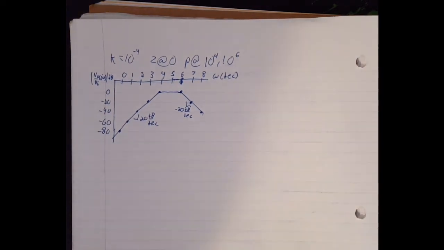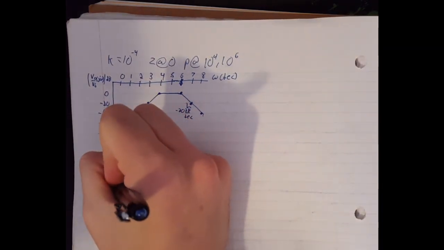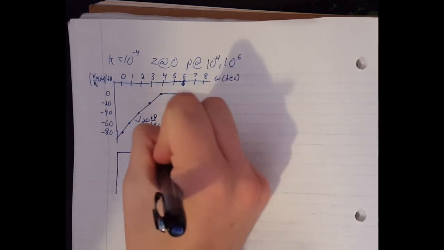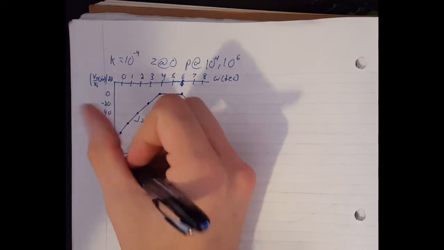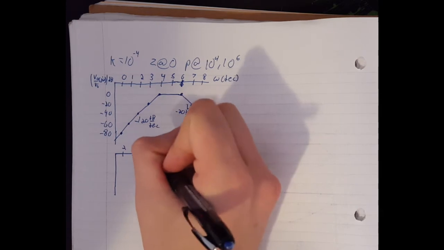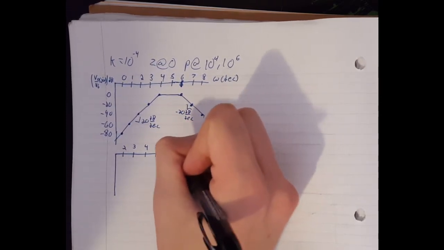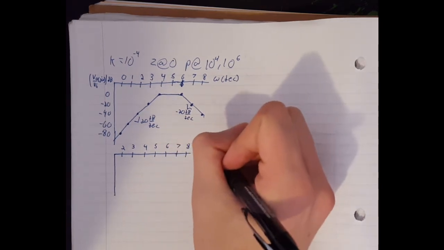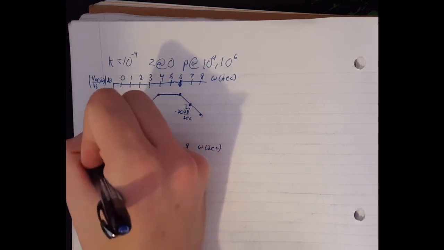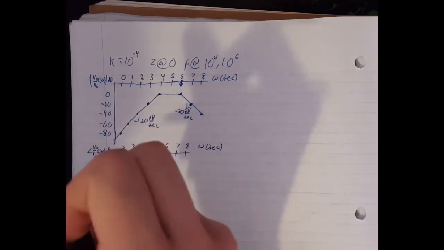And now we got to do the frequency for this. So start at 2, 3, 4, 5, 6, 7, 8. This is in decades. This is V out over V in, J omega, in degrees.